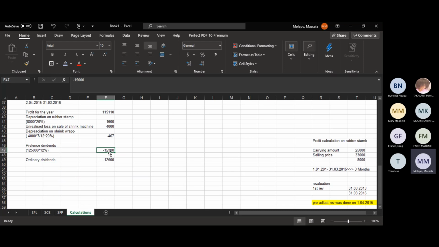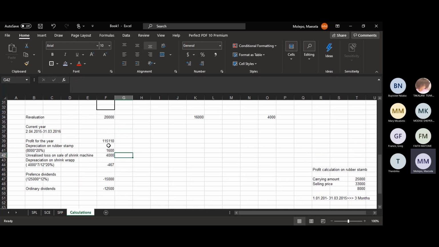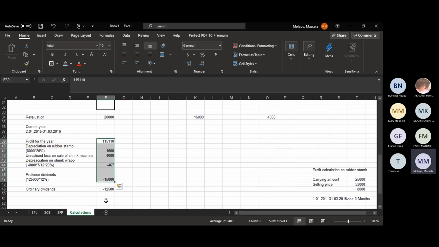So the 15,000, when we do the apportionment, is going to affect the profit because it was deducted from the profit. It's going to affect this, so all of it we're going to put in the box. Then this one is separate. Are we happy up to so far?